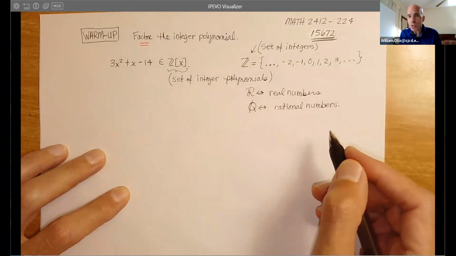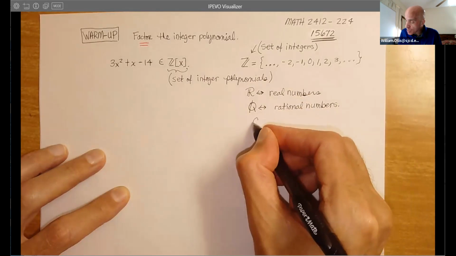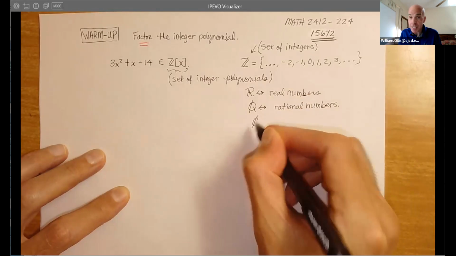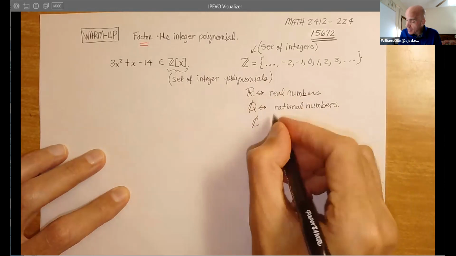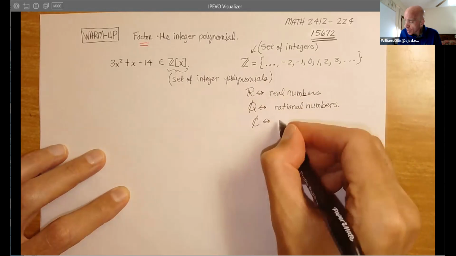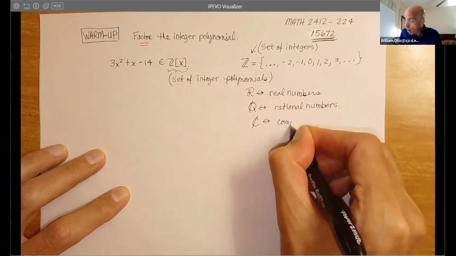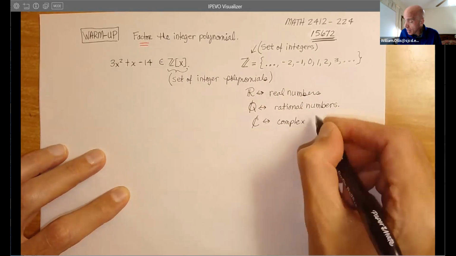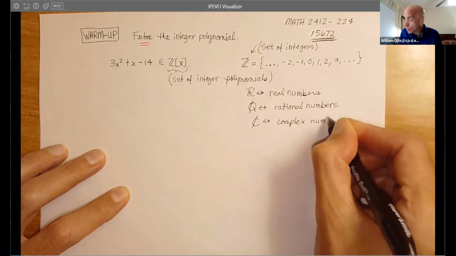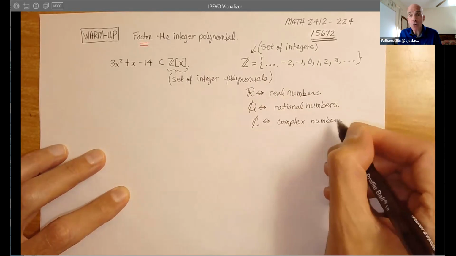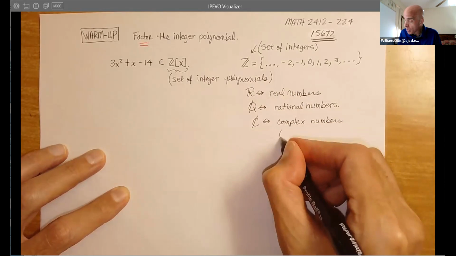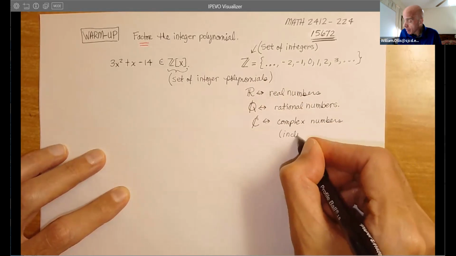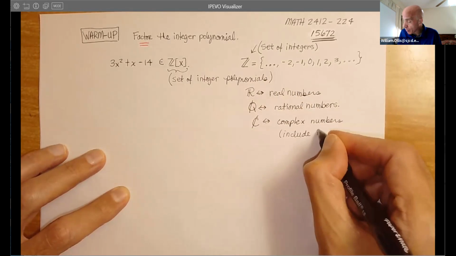Now, of course, the last thing that we're going to consider is the script C, which will mean complex numbers. The complex numbers contain all sets of numbers. So the complex include not only the real numbers, but also the imaginary.